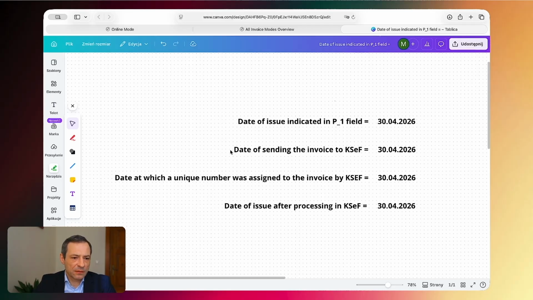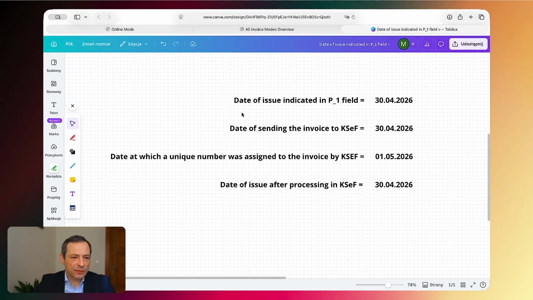On the same day, the Polish National Electronic Invoicing System has generated a unique number for this invoice and assigned this number to this invoice automatically. Consequently, the invoice is deemed to be issued on the 30th of April 2026.